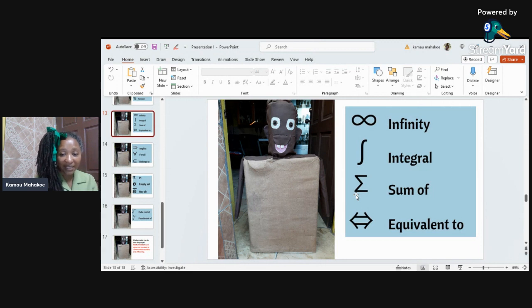So here we have symbols. This is the infinity symbol, right? And infinity in mathematics, infinity itself is not a number. Infinity represents an idea that numbers never end. So there is no number called infinity. Infinity suggests to us that numbers continue in both directions.